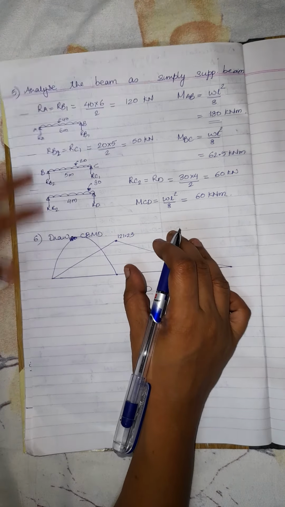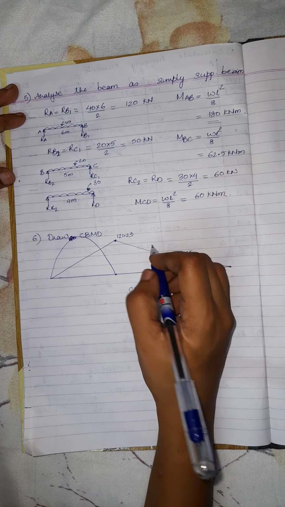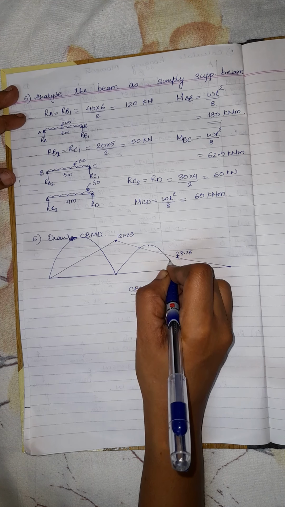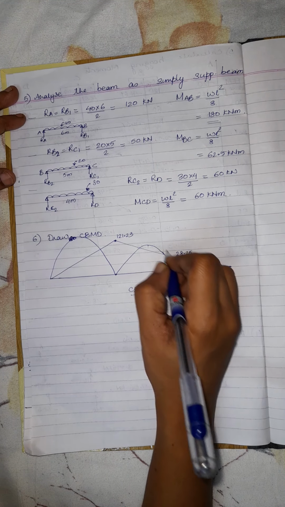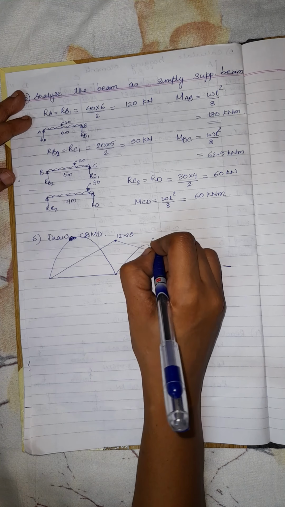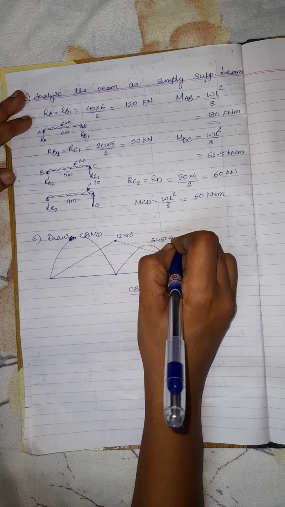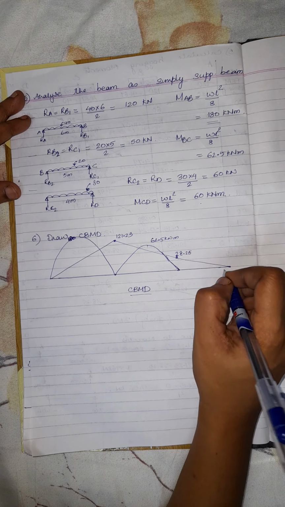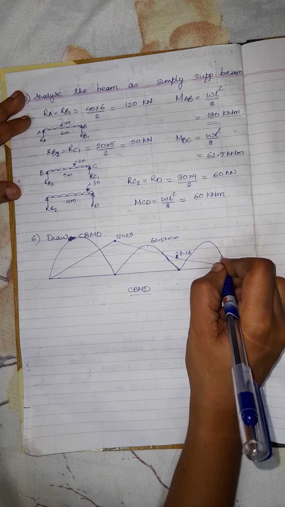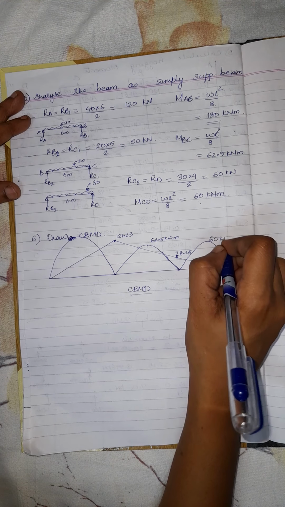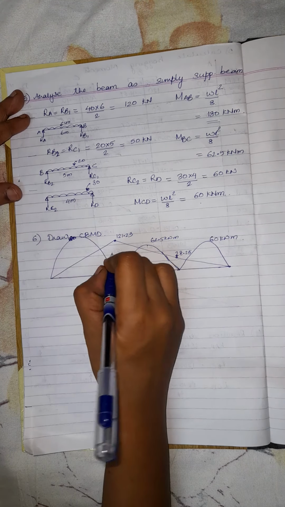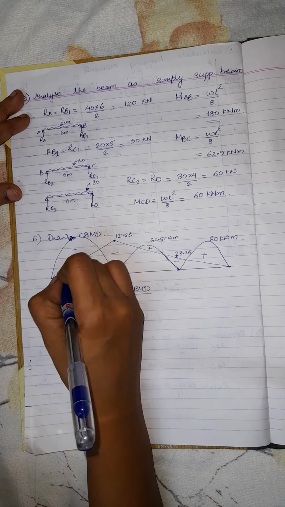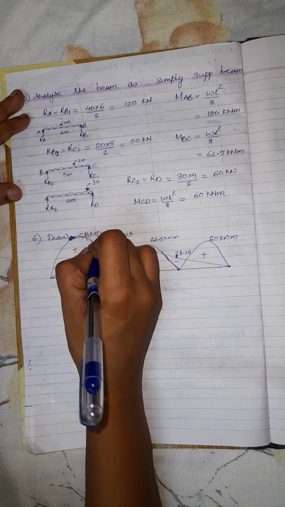Okay, then second part 62.5 should be somewhere here. Okay, a complete parabola, 62.5 kilonewton meter, and finally 60 should come in the same line, almost same line. This must be like this. So this is minus, this is minus, this is plus, this is plus. So highlight that. This completes combined BMD.